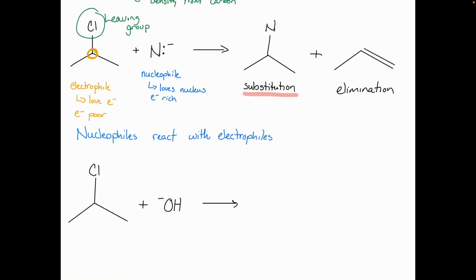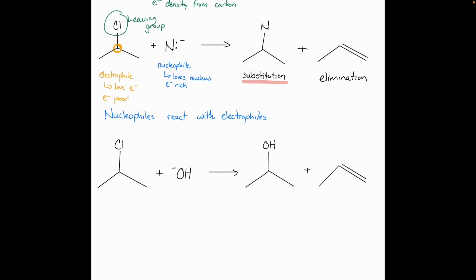So I'm going to replace that chlorine with an OH group. And another one where we have our elimination product, which is again just forming an alkene. Okay. So I want you to take a minute and identify the nucleophile, the electrophile, and the leaving group in this reaction.